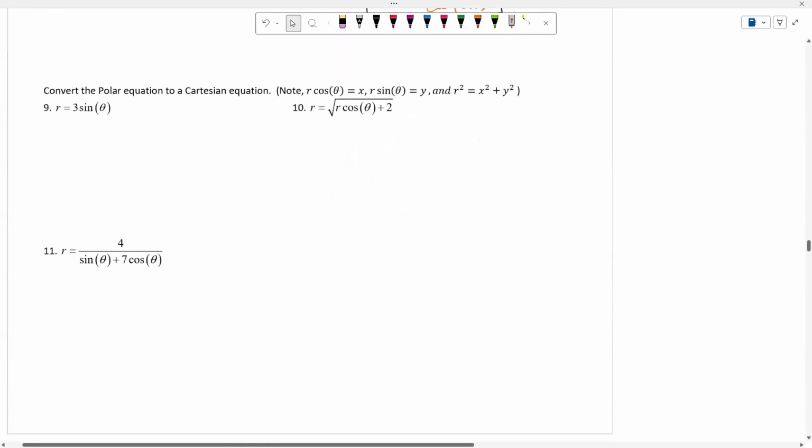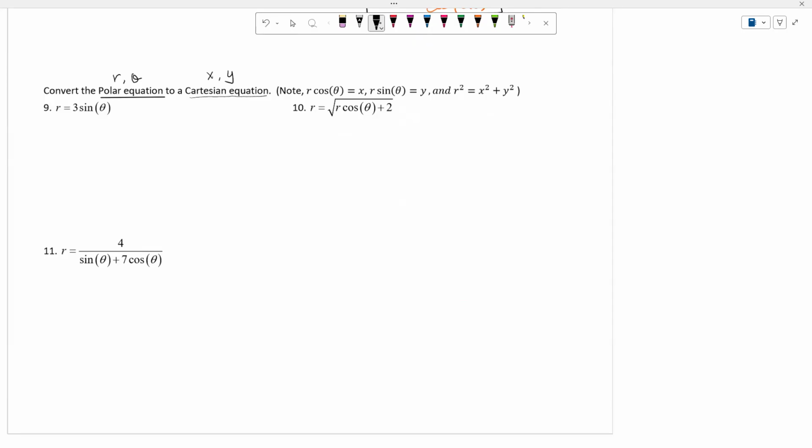Now look at the next example, an exercise. Right now we have polar equations, and I would like to change them to Cartesian equations, meaning I would like to change from r theta to xy.